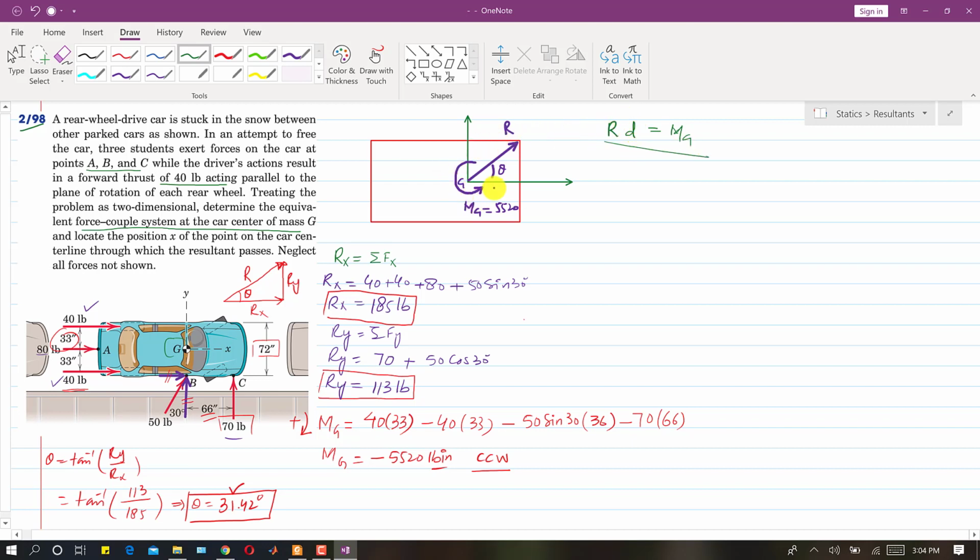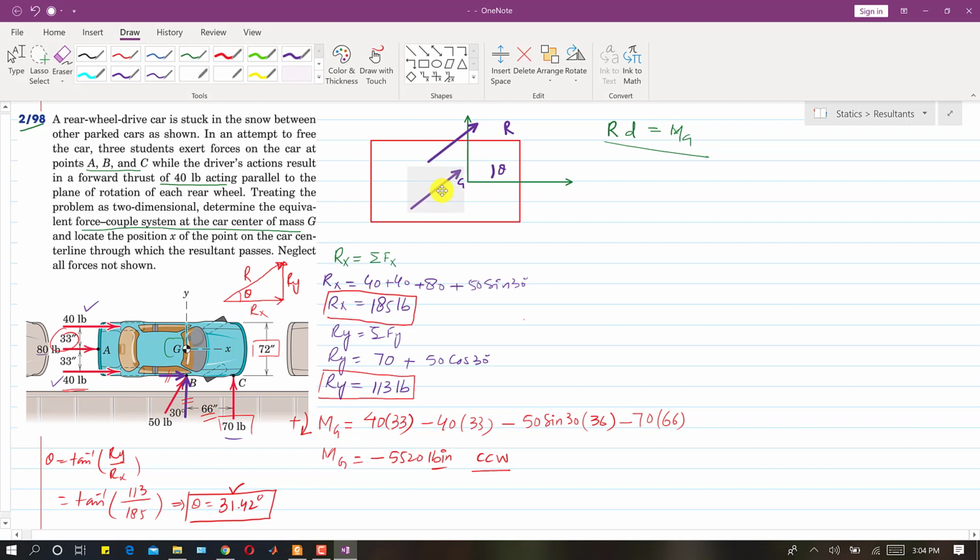If you want to represent this force couple system by a single force, I will remove this moment, and I will move this force in the same orientation so that it should produce the counterclockwise moment. If I place it here, from point G it will produce a clockwise moment.